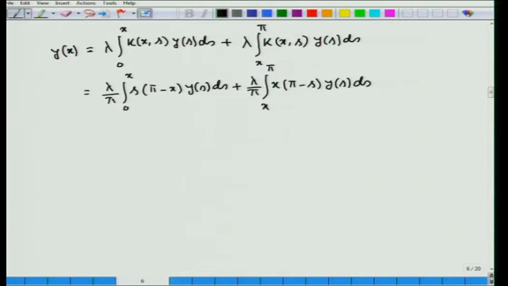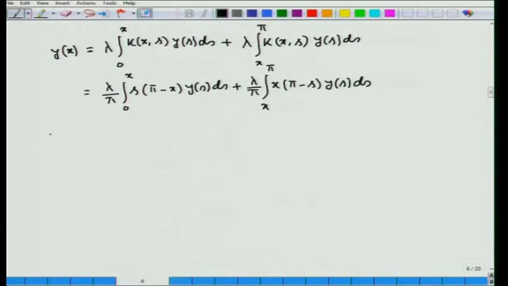Here we are just substituting the expressions for k(x, s). This is the definition, that is s by pi into (pi minus x) for s less than x, and x by pi times (pi minus s) for s greater than x.